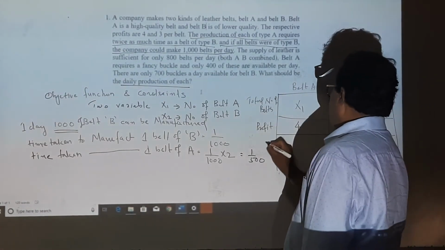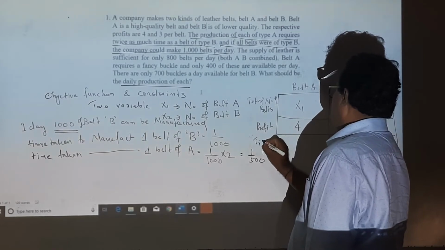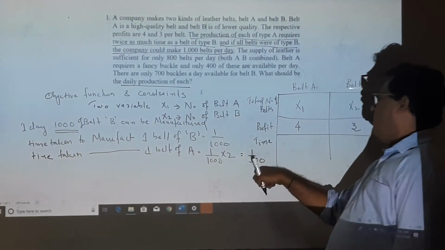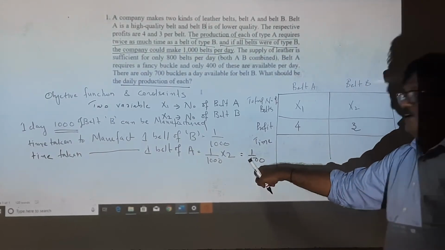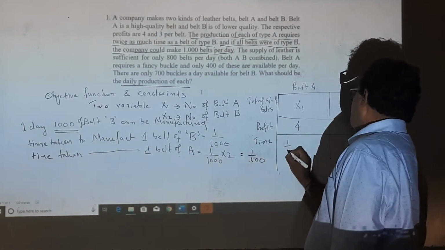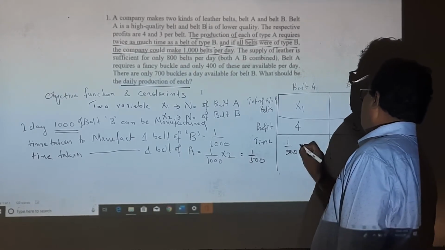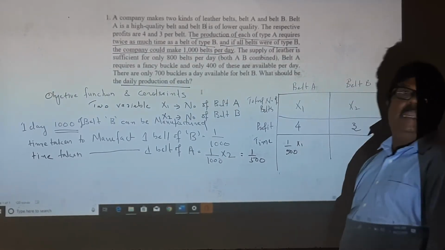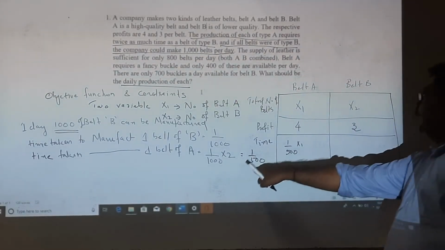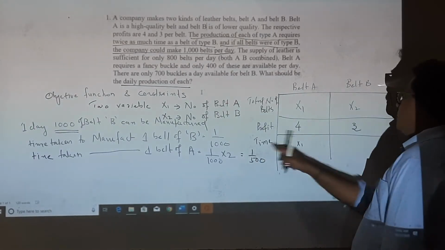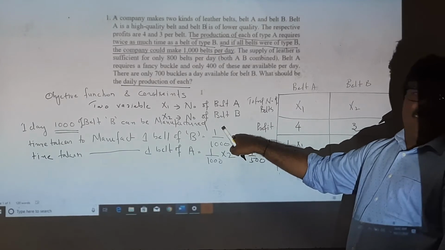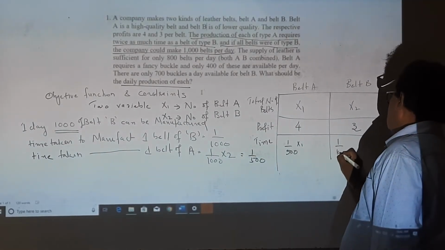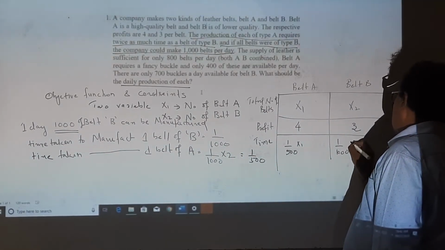So the time constraint is: to manufacture one belt of type A is 1 by 500. So the total time required to manufacture x1 will be 1 by 500 into x1, and the total time required to manufacture x2 number of belts of B will be 1 by 1000 into x2.